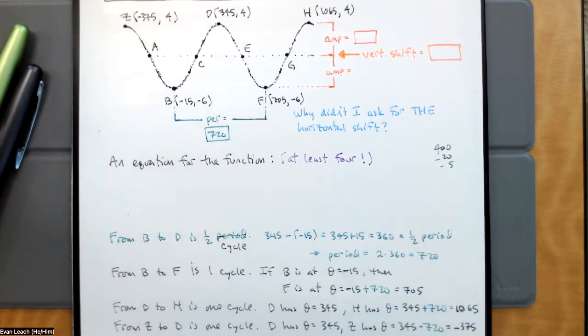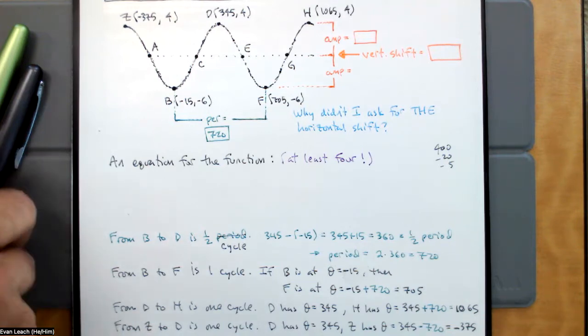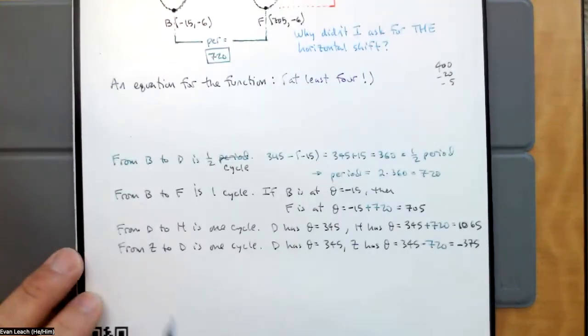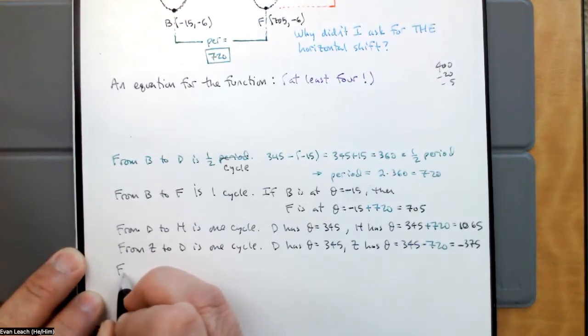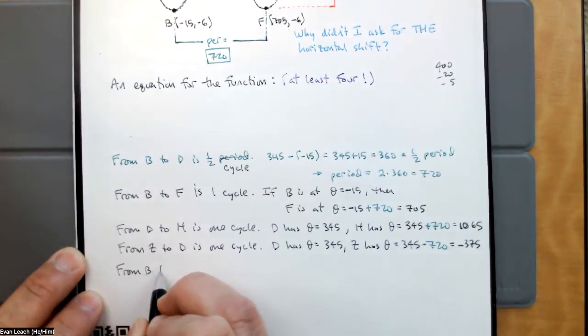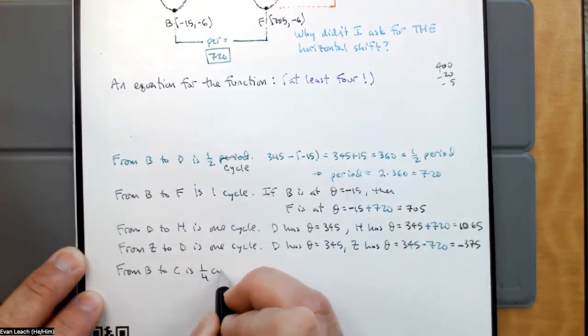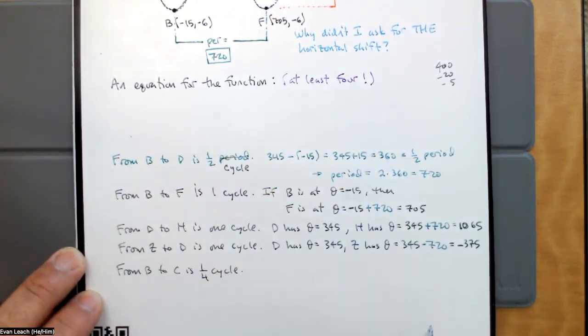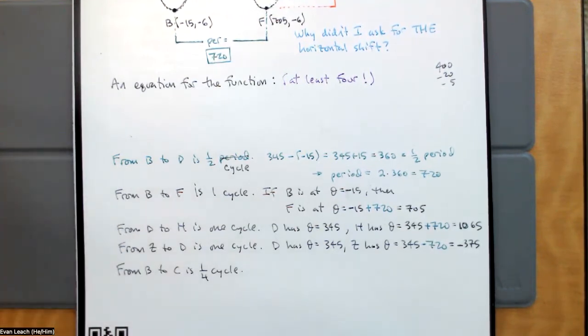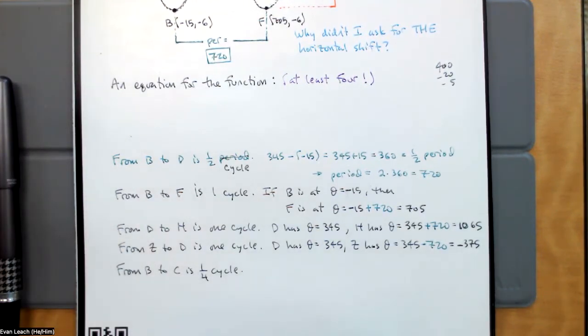So halfway between B and D is the point C. So if from B to D is half of a cycle, what is it from B to C? A quarter of a cycle. From B to C is a quarter of a cycle.